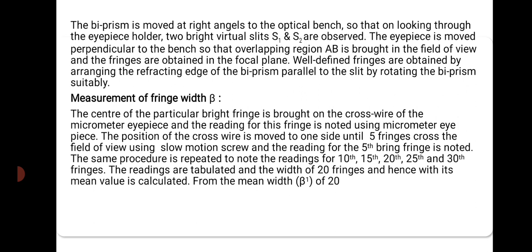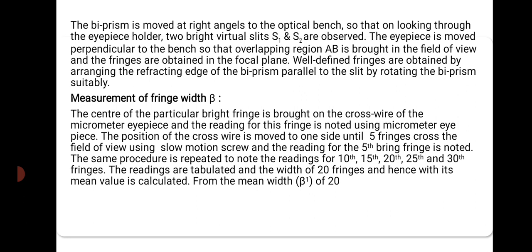Well-defined fringes are obtained by arranging the refracting edge of the biprism parallel to the slit by rotating the biprism suitably. Then, measurement of the fringe width beta. The center of a particular bright fringe is brought on the crosswire of the micrometer eyepiece, and a reading for this fringe is noted.